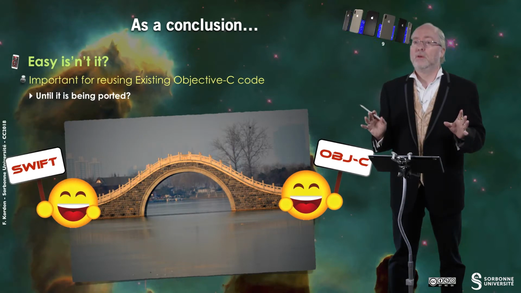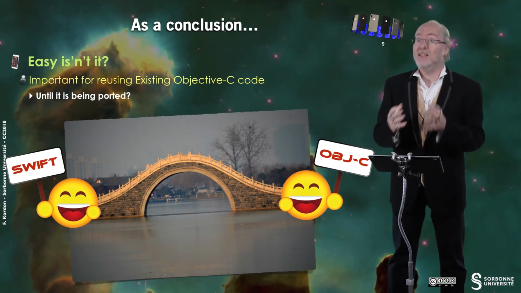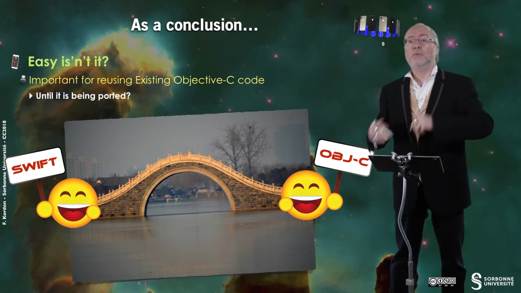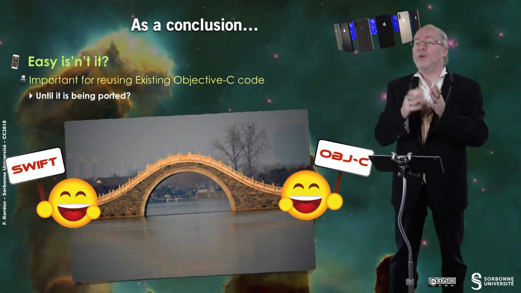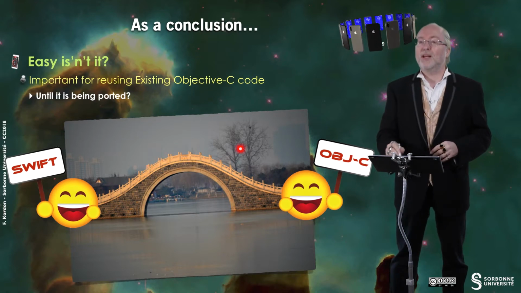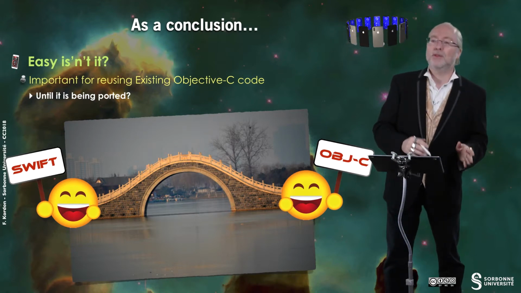That's all. It's really easy. You just have to get the Objective-C code you want to reuse, make this binding, and then the bridge is done between Swift and Objective-C, and Swift can invoke Objective-C. It's useful until Objective-C is ported to Swift, and then you don't need these classes anymore.